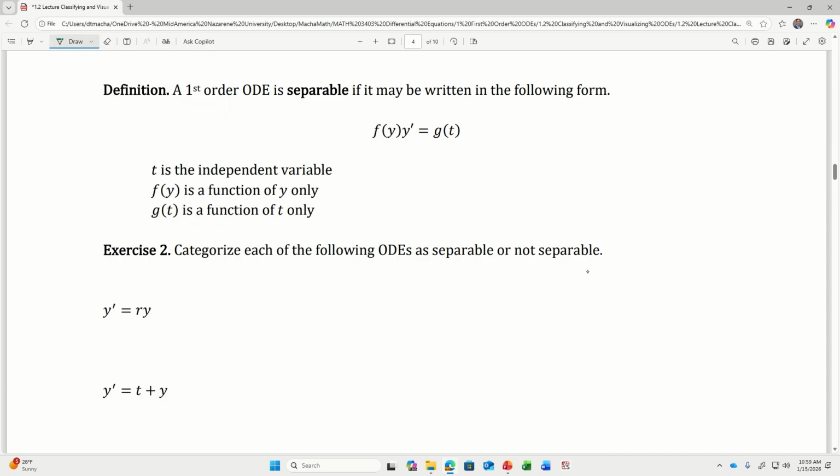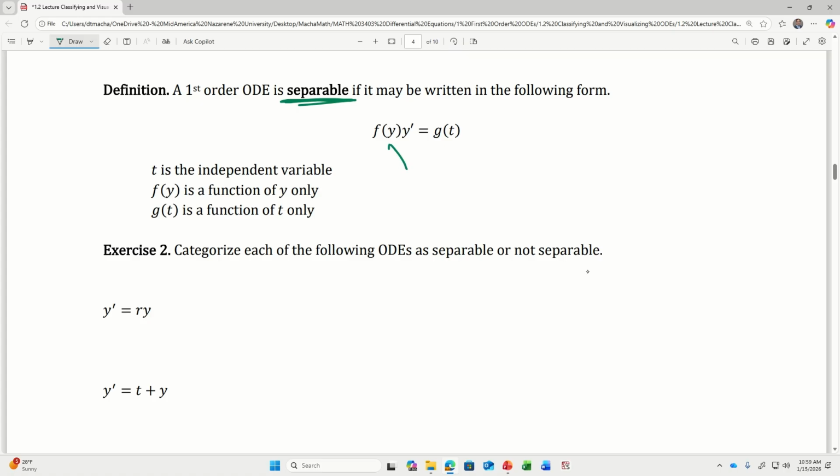Okay. A first order ODE is separable if it can be written in the following form. We write f of y times y prime is equal to g of t.